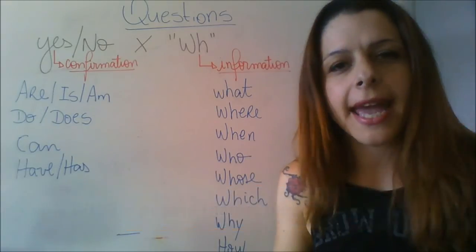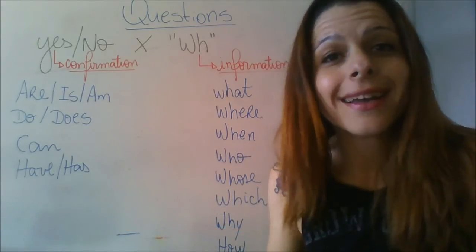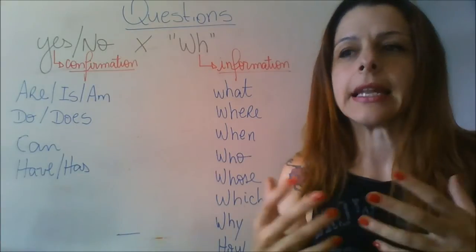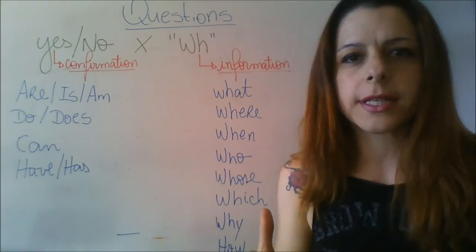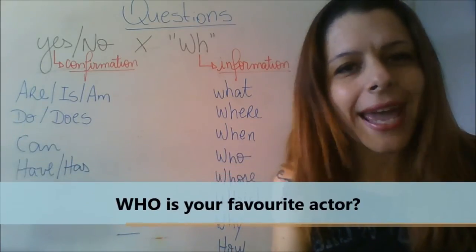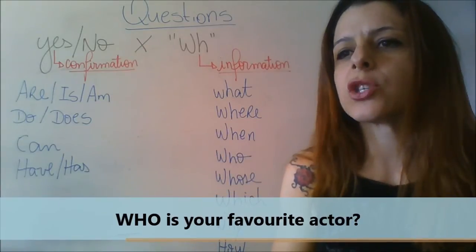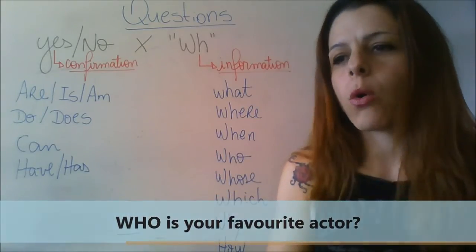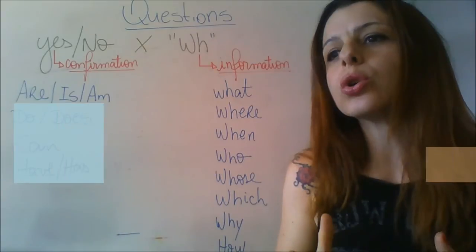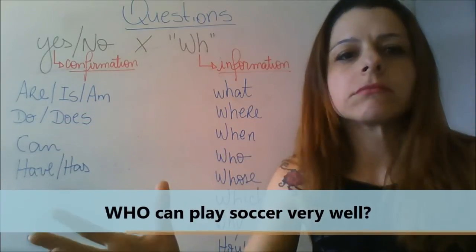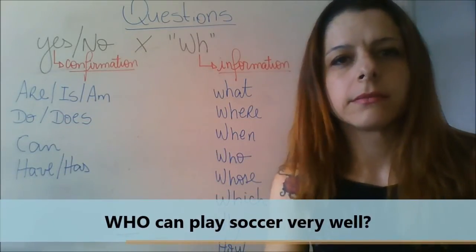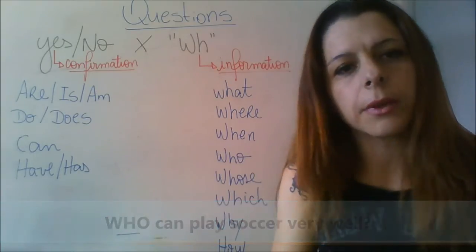Every time that I ask a question using who, the answer is a name or a person. For example, who is your favorite actor? Or who is your science teacher? Or who can play soccer very well? Okay, so I need a name, I need a person.